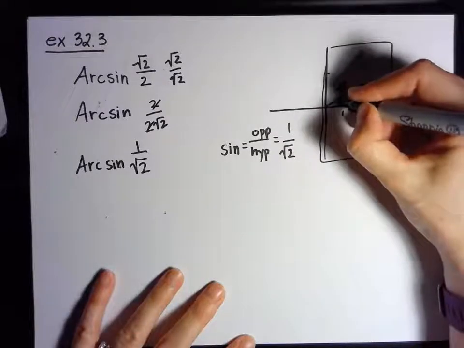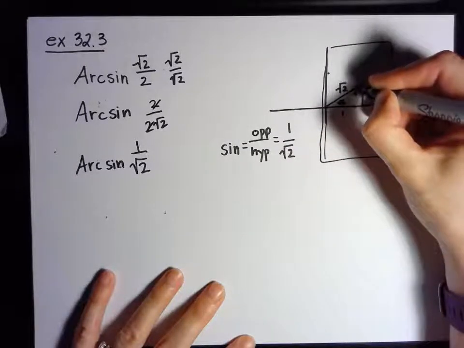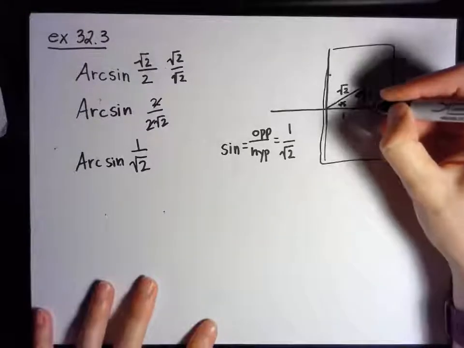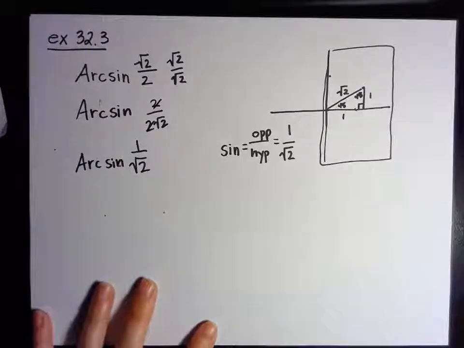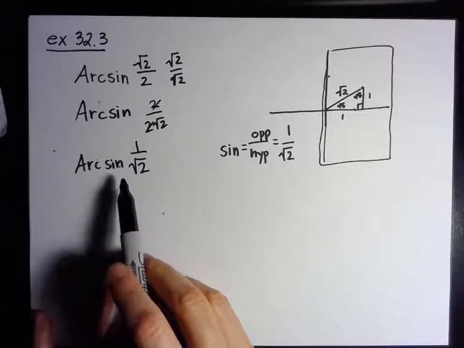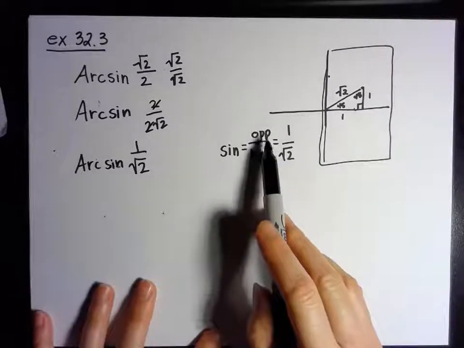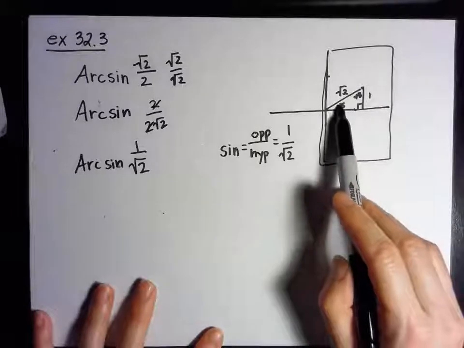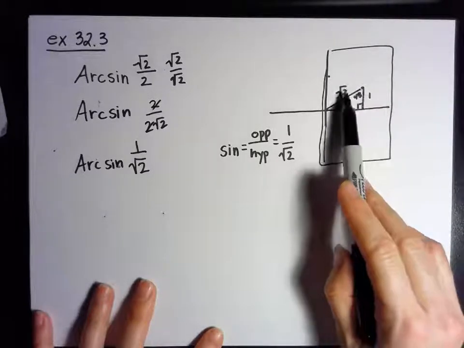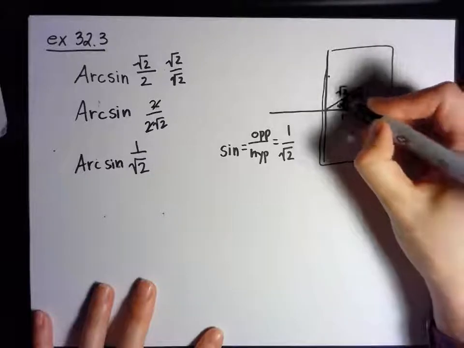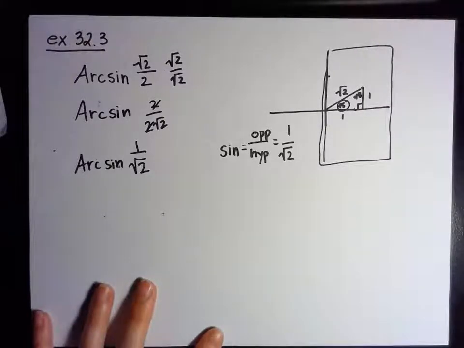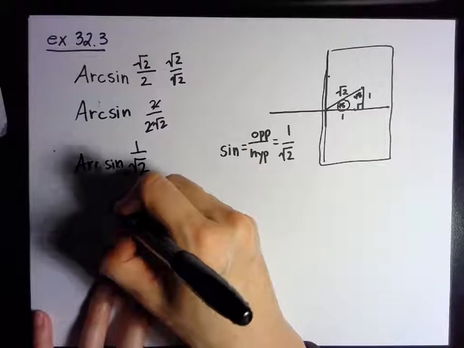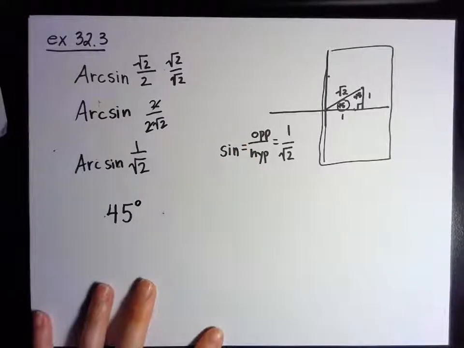So this is a 45, 45, 90 triangle. What angle gave us an opposite over hypotenuse of 1 over the square root of 2? Here's the angle. Its opposite was 1, and the hypotenuse was the square root of 2. This is the angle we're talking about. So the angle whose sine was 1 over the square root of 2 was 45 degrees.